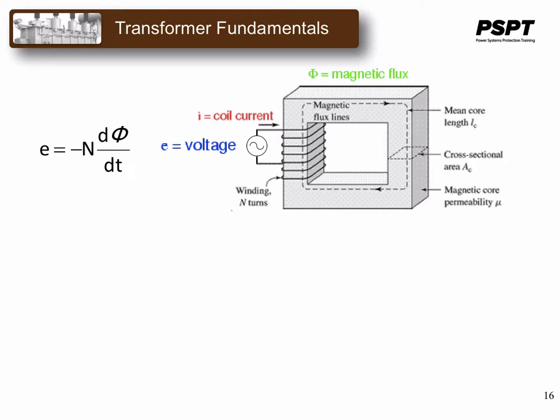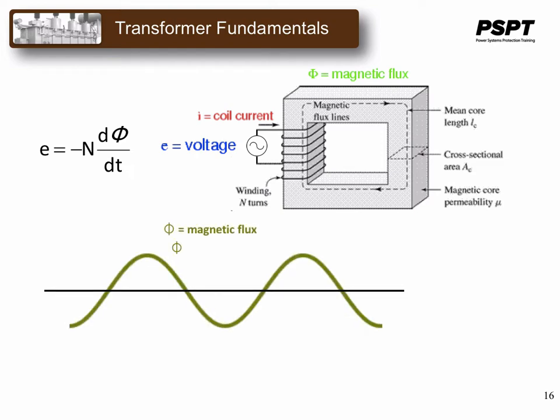The instantaneous voltage, that is the voltage drop at any instant of time across the wire coil, is equal to the number of turns of that coil around the core multiplied by the instantaneous rate of change of magnetic flux. And that's the term dφ/dt. That's just describing the rate of change of the magnetic flux linking the coil.